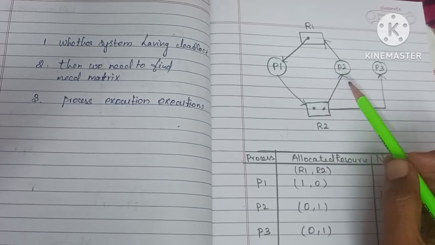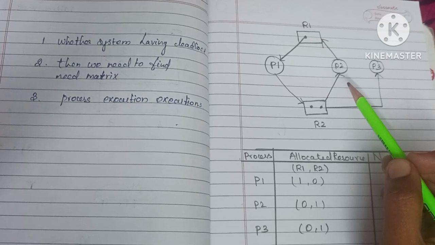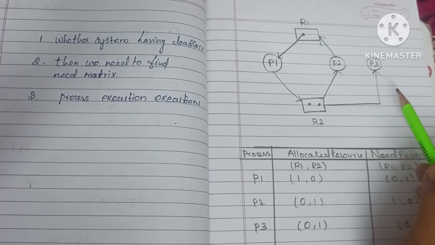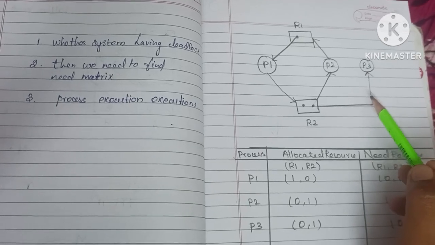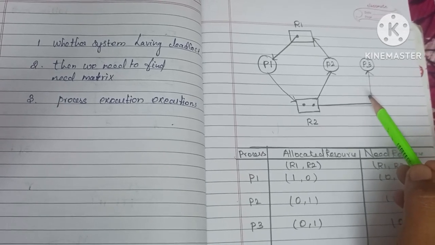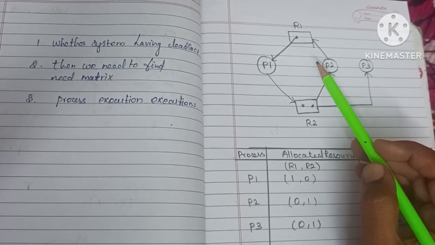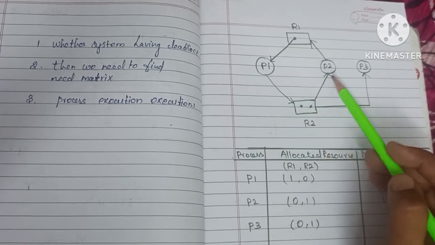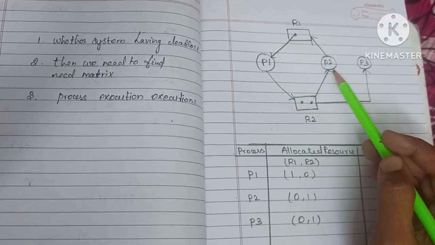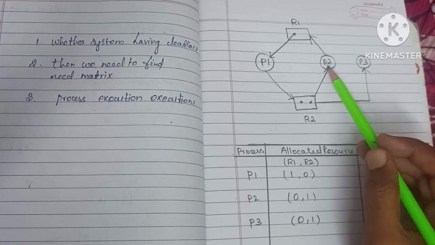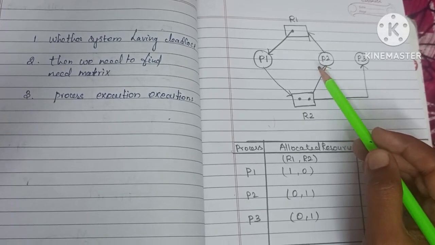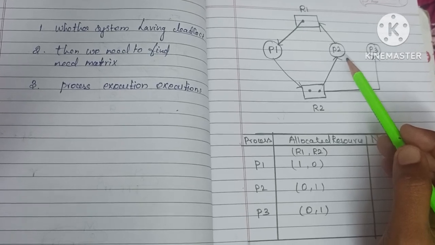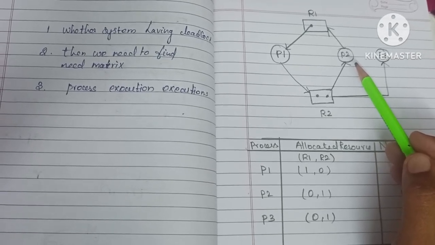Here the statement is, processes P1 and P2 are acquiring the resources R1 and R2, and process P3 is acquiring the resource R2. The resource R1 is allocated to the process P1 and the resource R2 is allocated to the process P2, and the process P1 is waiting for the resource R2 and the process P2 is waiting for the resource R1.